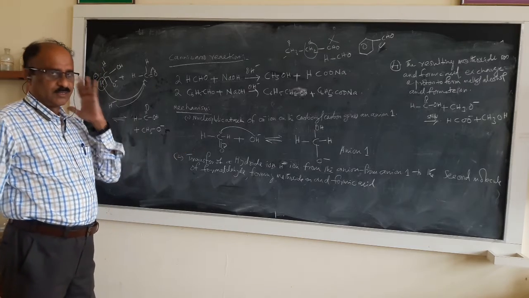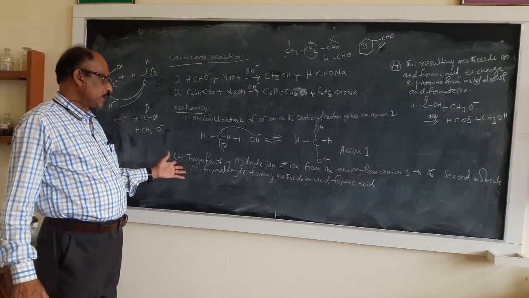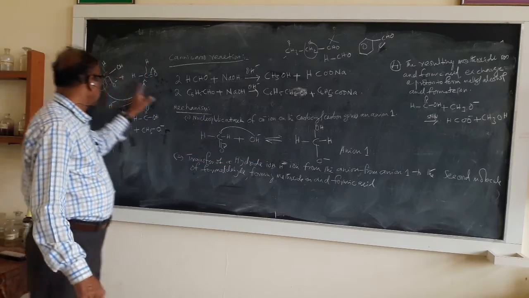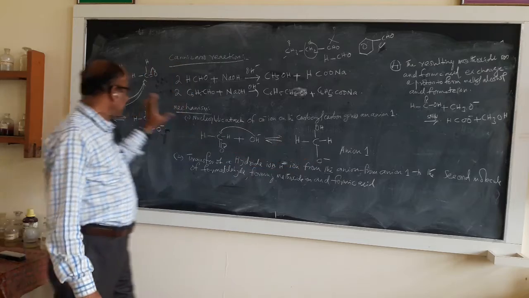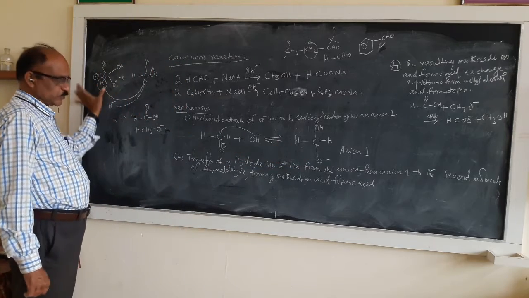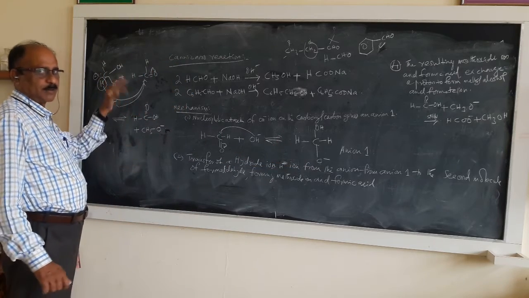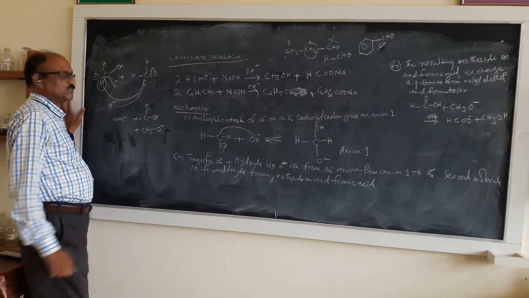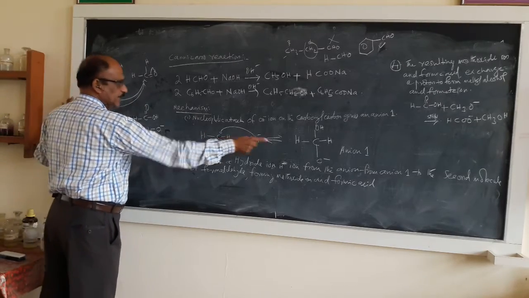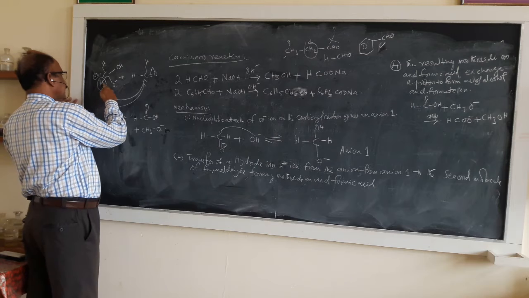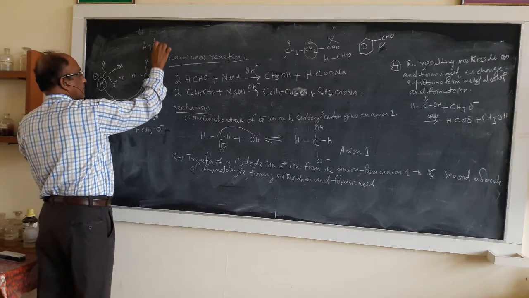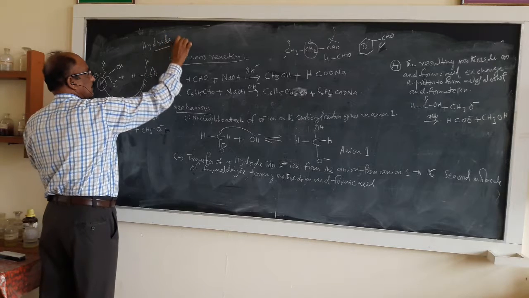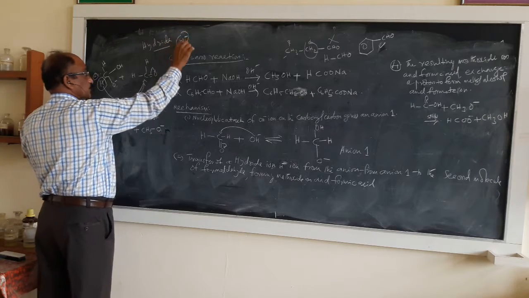Everybody can understand. And the second step is you have to take this anion. This is a straight molecule which I have written in a twisted manner because the blackboard has limited space. And this is nothing but the anion. And what is happening? This H minus is just known as hydride. Hydride means H minus, not H plus.